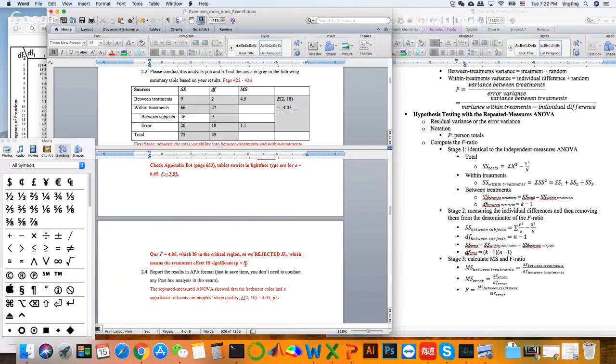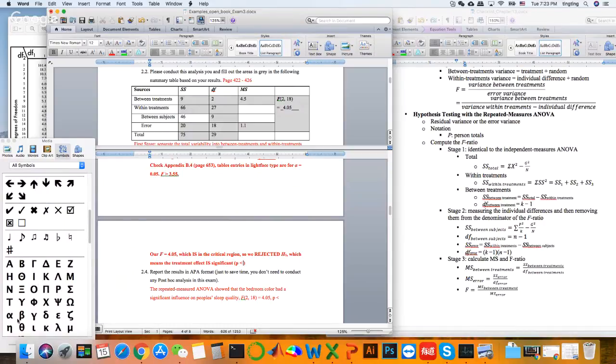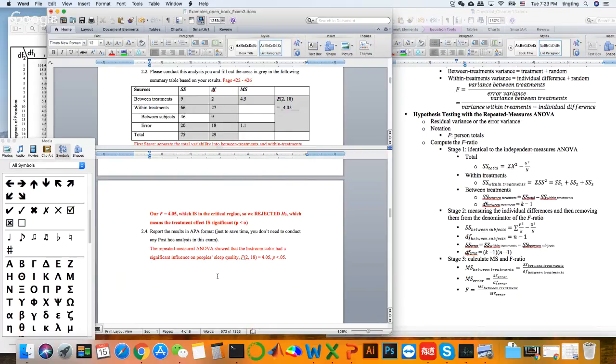Alpha is 0.05, so its P is smaller than 0.05. That's it. Just one sentence. Very simple, right? Because it's an exam, we don't have time to report all of the post-hoc part. Just stop here.